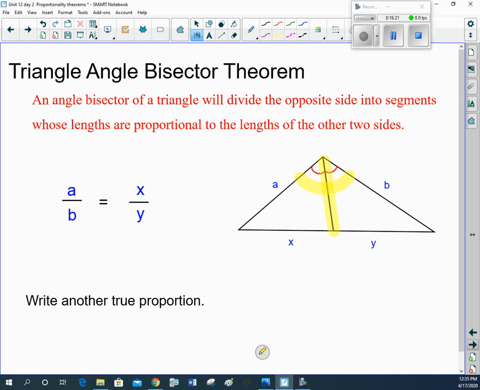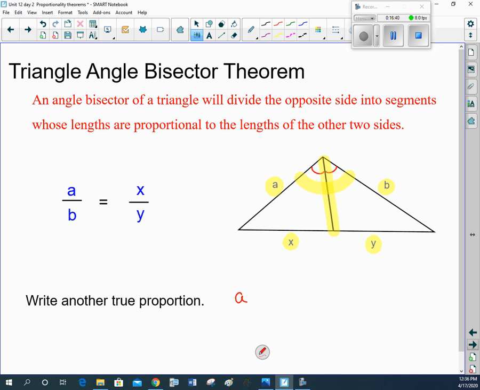So if you end up with that, then what you can say is that A is proportional to B and X is proportional to Y. That one I went left to right. It says write another proportion. If I were looking at the picture, I think I'll just write this one up and down.